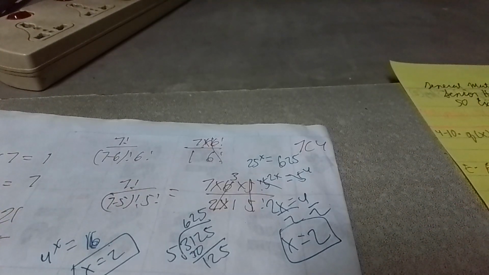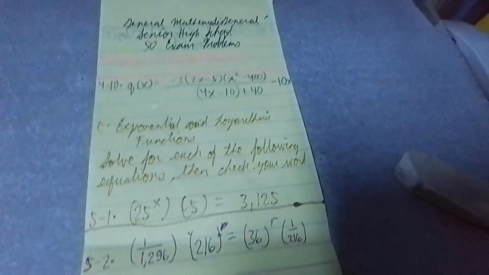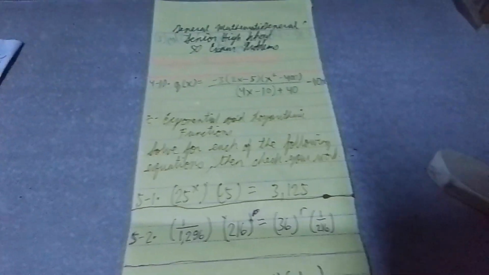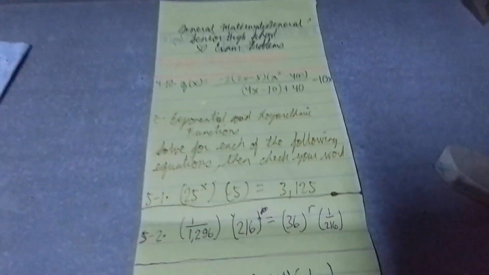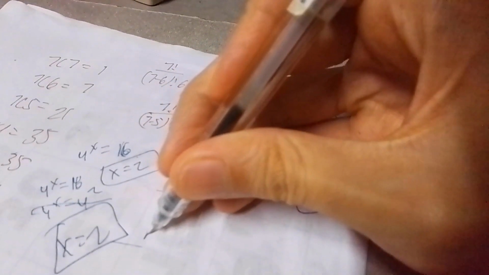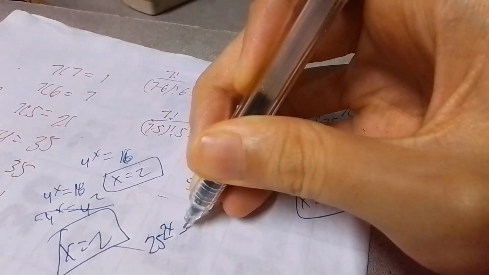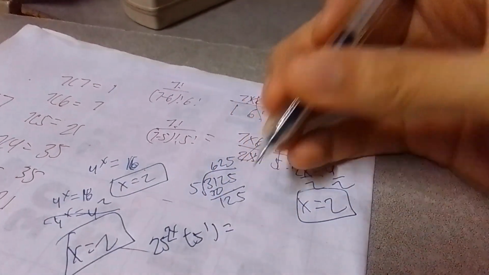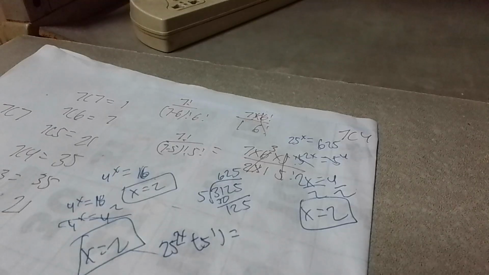Furthermore, you can also apply the laws of exponents. Let's try that one. Diba sabi ko dito, 25^x times 5 is equivalent to 3,125. If you set all the bases equivalent to each other, the common base is 5, because 25 is 5 squared. So 25^x becomes 5 raised to 2x, times 5 raised to the first power, is equivalent to 3,125. 5 raised to what power gives you that?